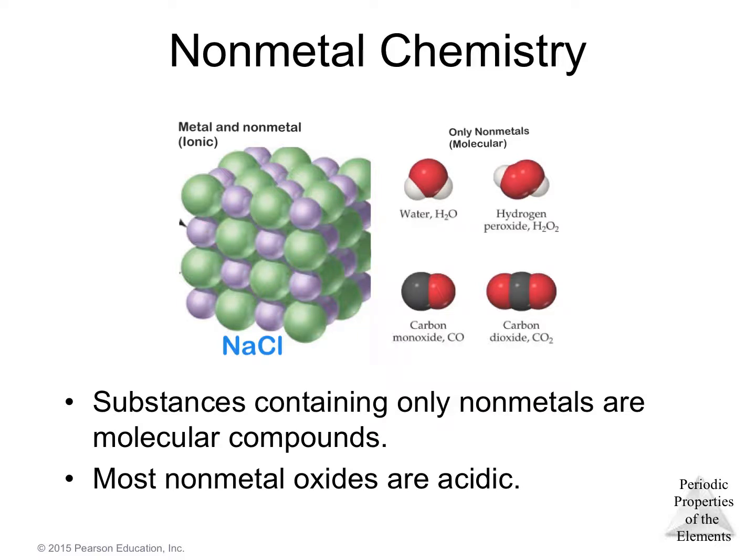When you only have nonmetals, they tend to be molecular compounds. Molecular compounds, the formula tells you the actual number of atoms present. It's not a ratio. So water is 1 oxygen and 2 hydrogens. So a metal and a nonmetal, you're going to get this ionic compound. For 2 nonmetals, you're going to get molecules, which are discrete units.